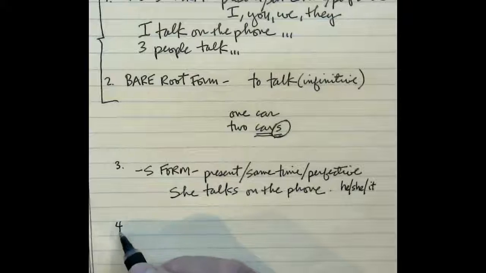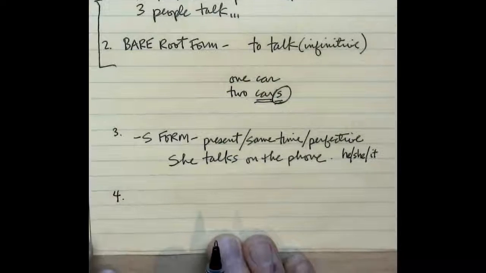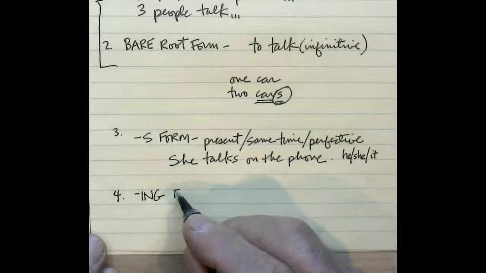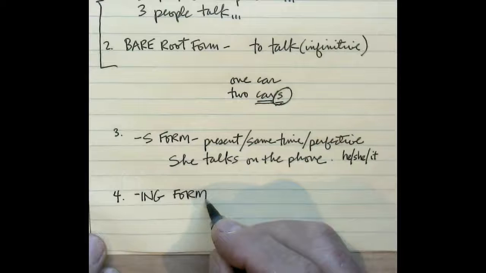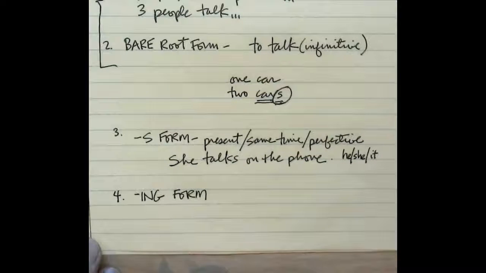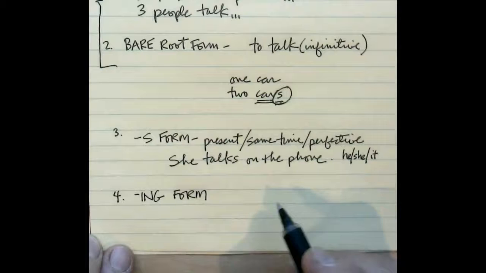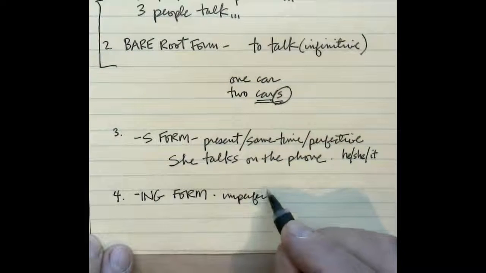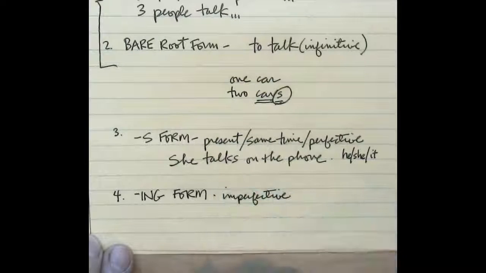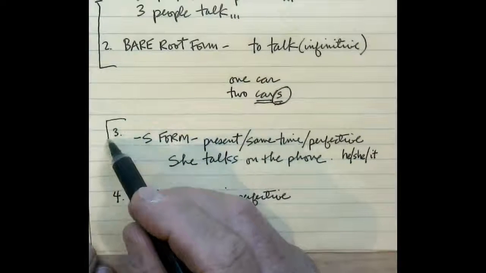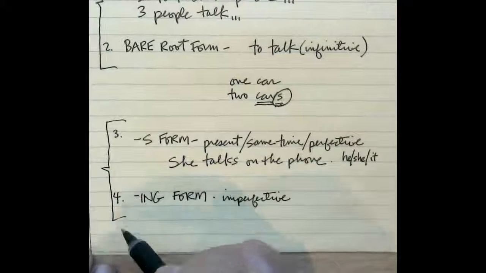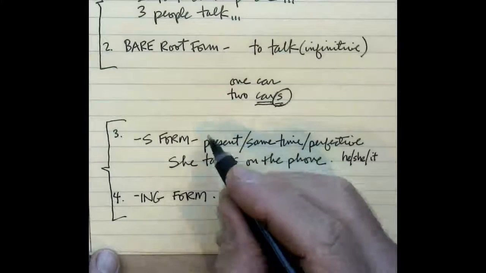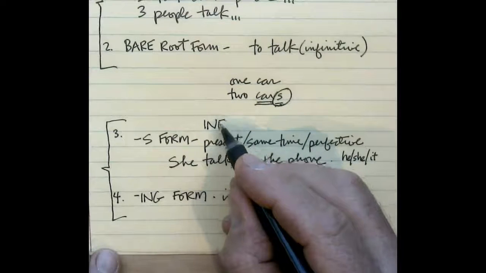The fourth form is called the ing form. And the ing form, again, it shows us imperfective. Remember, we talked about that. And again, every verb has these third and fourth forms. But now what we see is these forms are inflected.